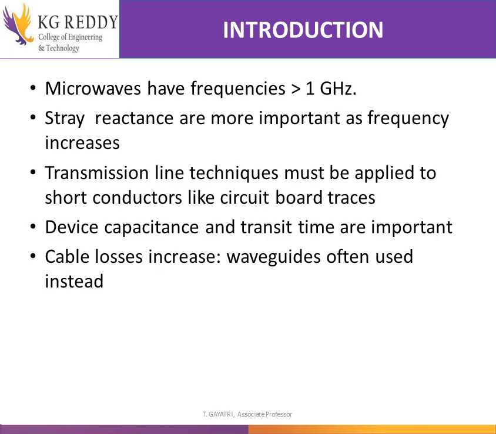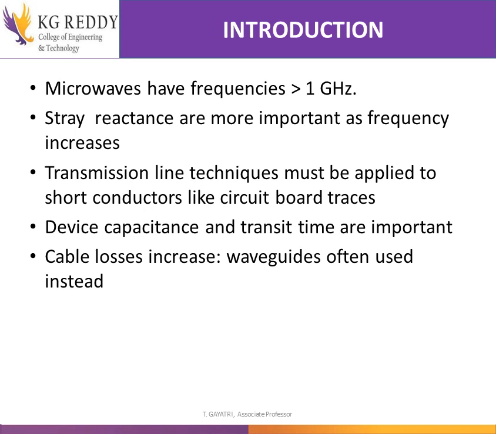We know that microwaves have frequencies ranging from more than 1 GHz. That is, the frequency range from 1 GHz to 1000 GHz is called microwaves, the tiny small waves. Since stray reactances become important as these frequencies increase, transmission line techniques must be applied to short conductors like circuit board traces.